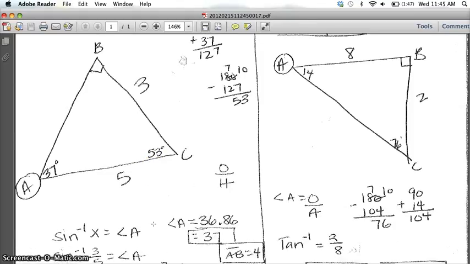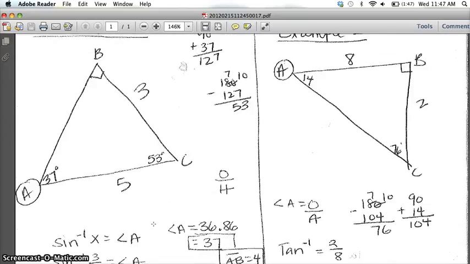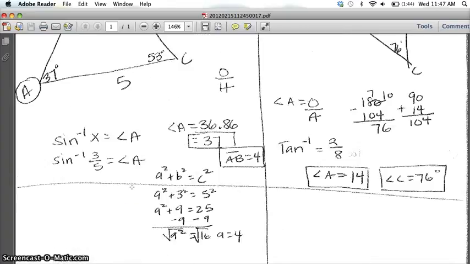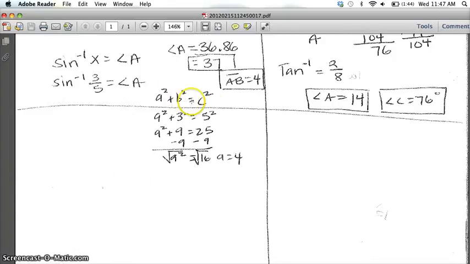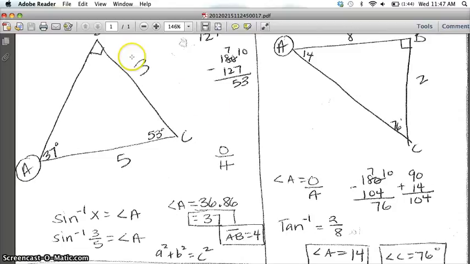Now the last thing that you need to find is your missing side. The missing side that we have over here is BA. If you remember, to find the sides in a right triangle, we use the Pythagorean theorem, which is a squared plus b squared is c squared. We know one of our sides, which is 3, and we know our hypotenuse is 5. And our hypotenuse is always c.